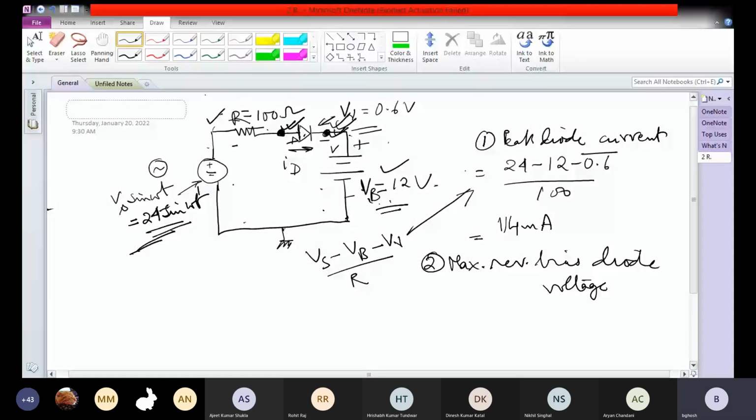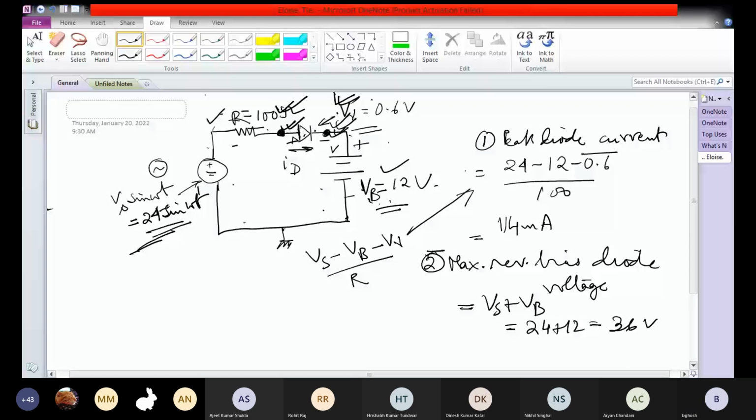So 12 minus minus 24, that is 12 plus 24. So that is Vs plus Vb, 24 plus 12, which is 36 volt.